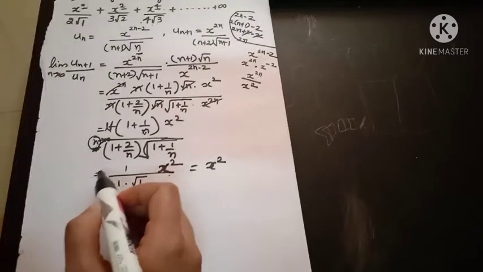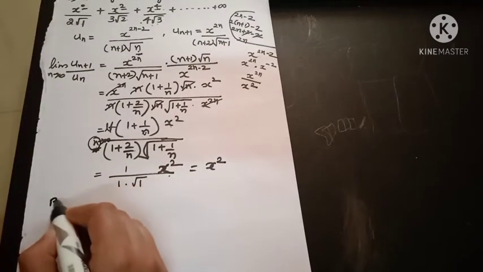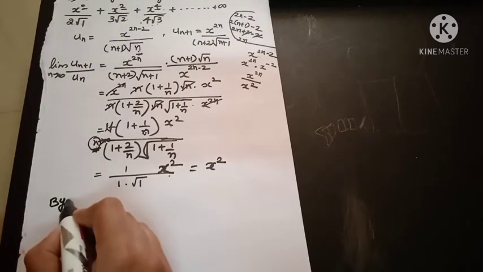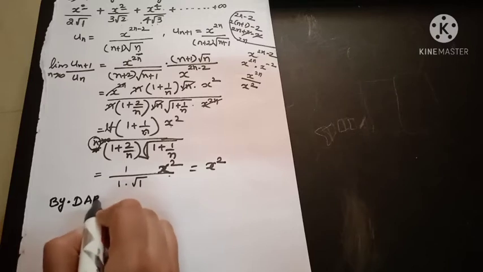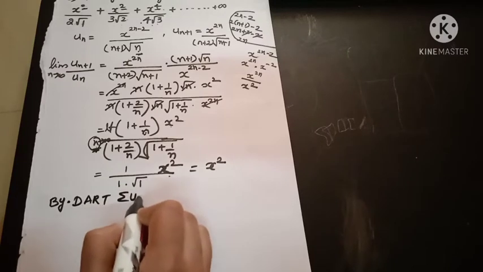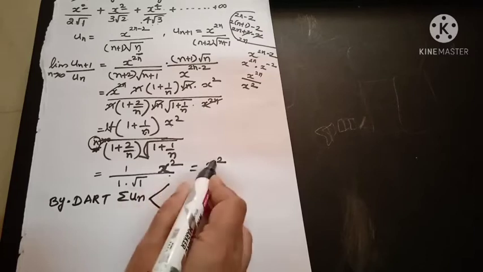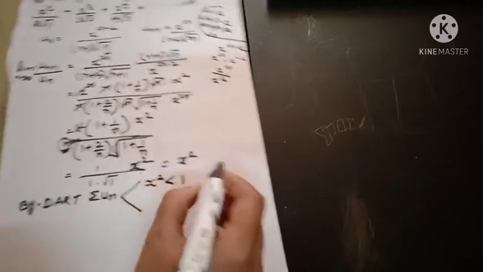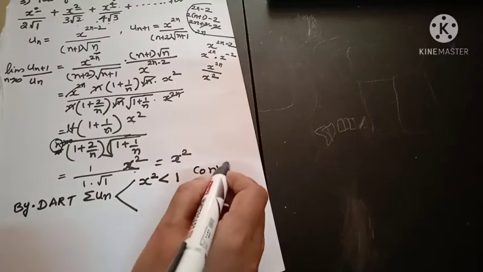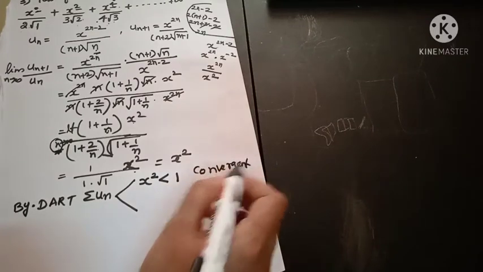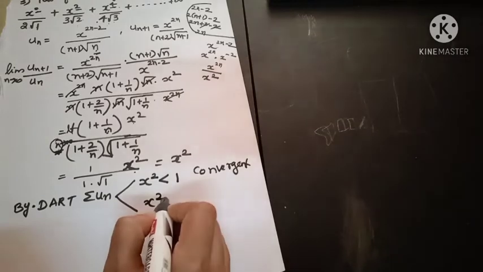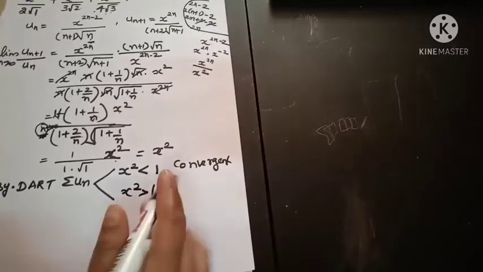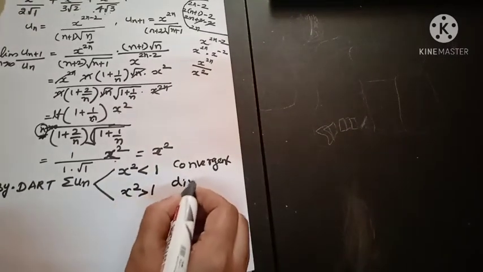So by D'Alembert's ratio test, the series un will converge if the value of the limit is less than 1. And if x square is greater than 1, then this is divergent.